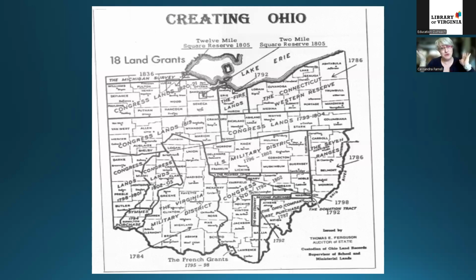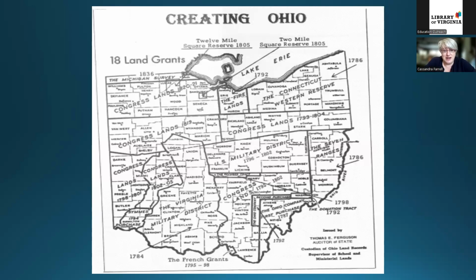Not by using a rectangular mode, not by creating townships, but metes and bounds. So you're going to make sure that your property is surveyed from the rock to the river to the tree, to someone's home, and then back to another rock and then to another tree. It can be very frustrating to research properties that were surveyed by metes and bounds, but that's how it was done in the Virginia Military District.